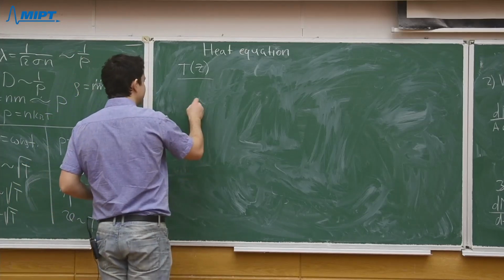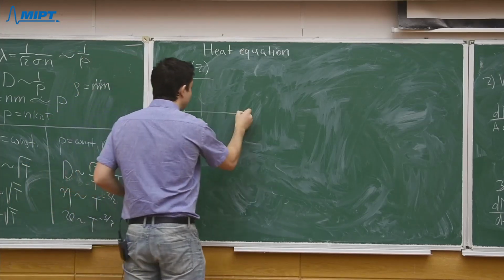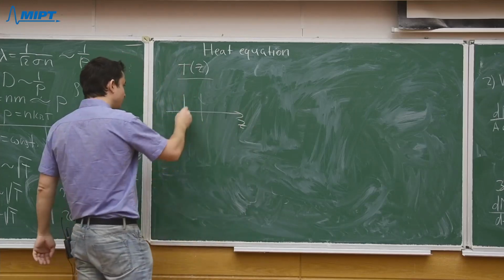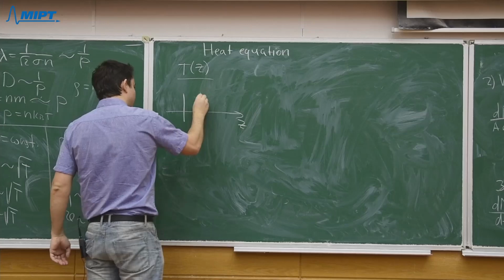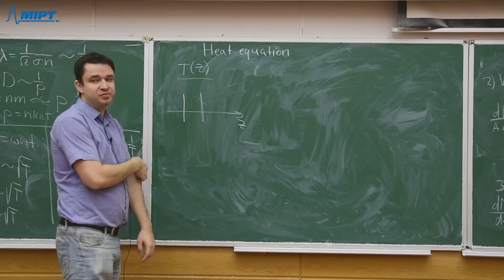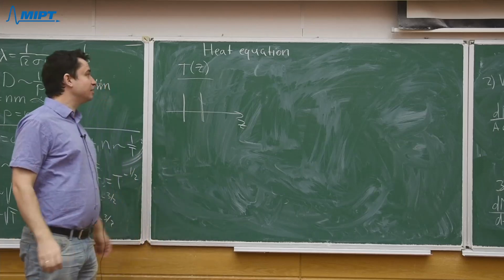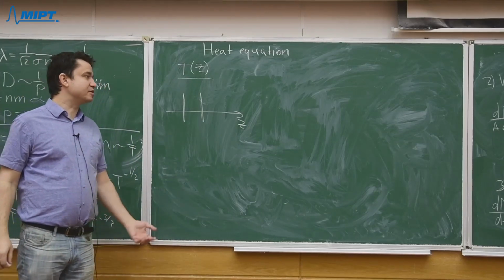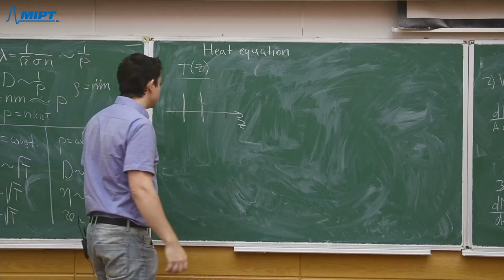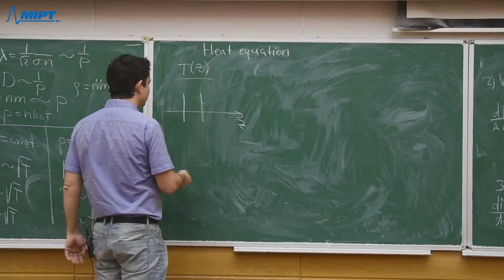So let's consider a small portion of some substance. It doesn't necessarily need to be a gas, because heat conductivity happens quite similarly also in solids and in liquids. So we are now considering the very general case.